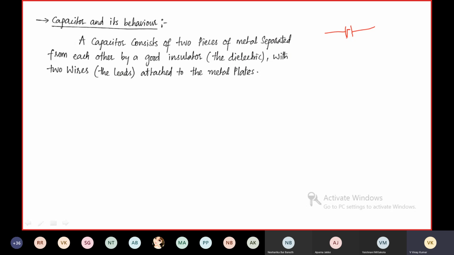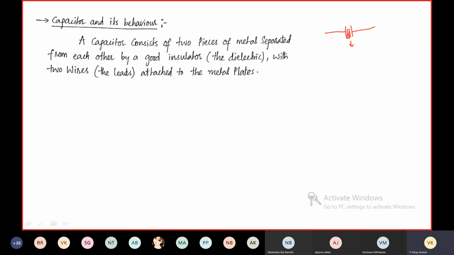When two conducting plates are separated by an insulating medium, I think of a capacitor. This dielectric medium could be air, mica, wax paper, ceramics, etc.